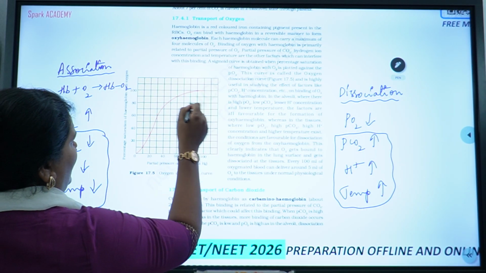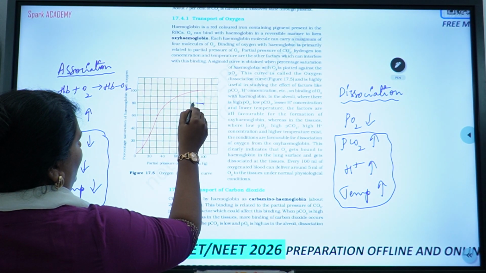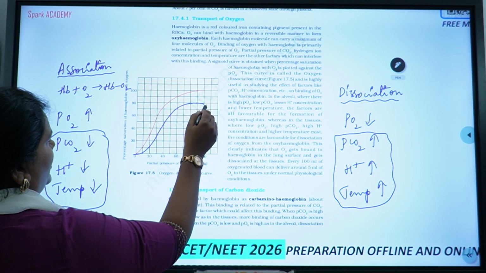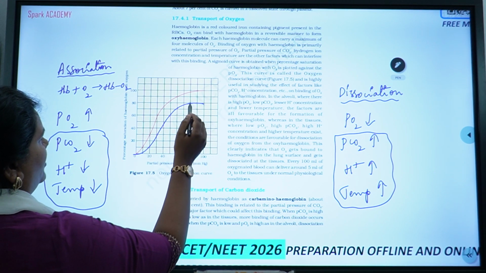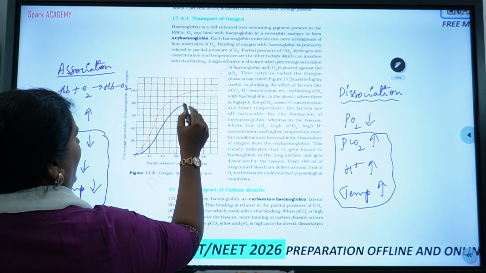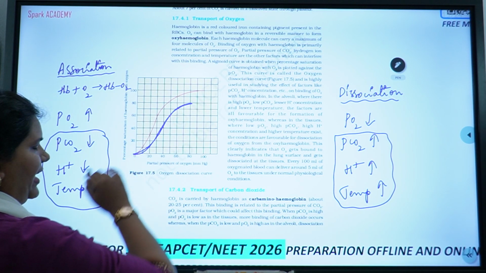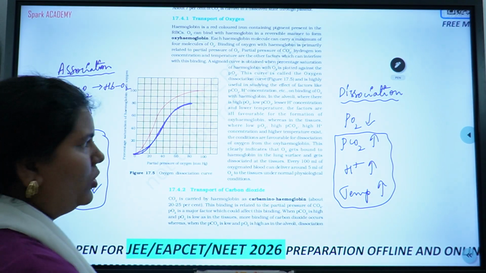Let's say we are not getting a graph like that, and the graph is shifting towards the right. That means you can see the pressure has reduced. The pressure has reduced, and let's say 80. Pressure has reduced, and so the binding has reduced. That means what?